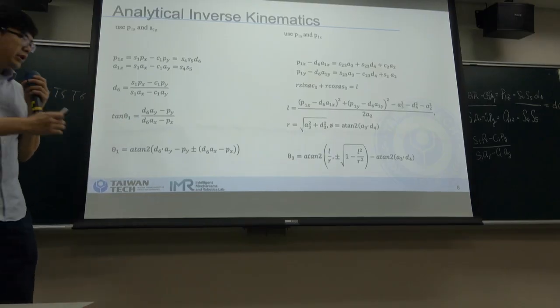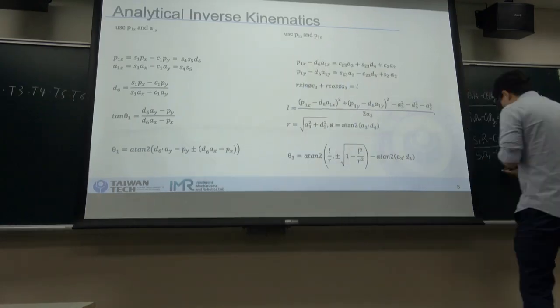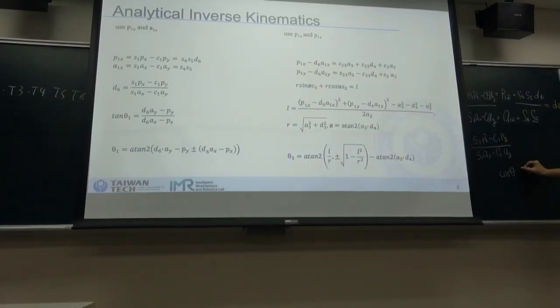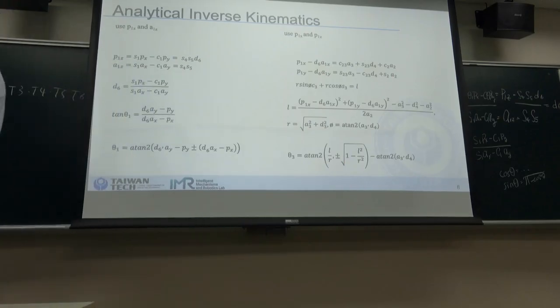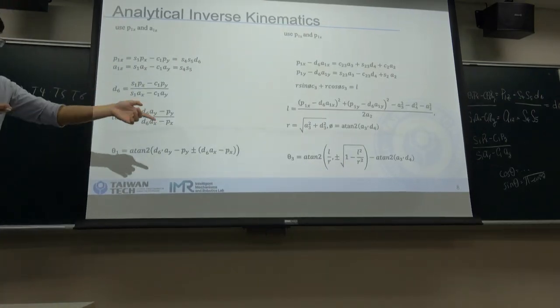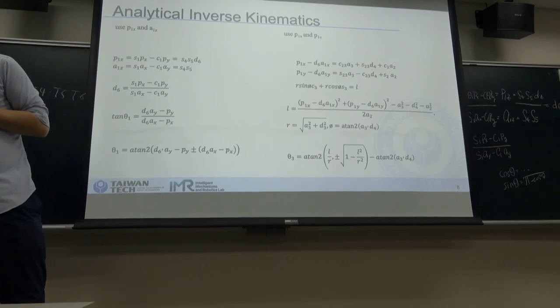Usually if we have cosine theta equals something, then we'll have sine theta equals the square root of 1 minus cosine squared, and together we can use arctangent. Normally if we use numerical methods to do the mathematical calculations, we usually use arctangent.